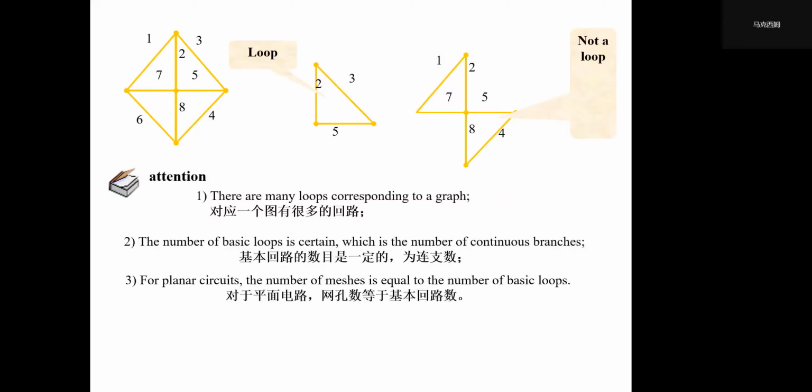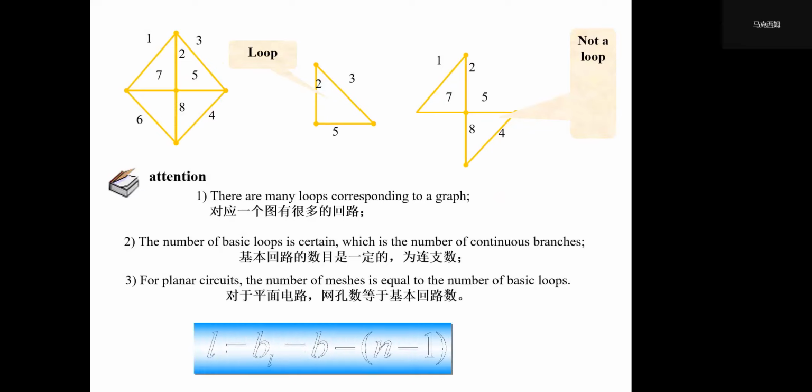The number of meshes always equals the number of basic loops. So we can use the mesh current method, and we can also use the loop current method. We can consider the mesh current method just a special case of the loop current method.